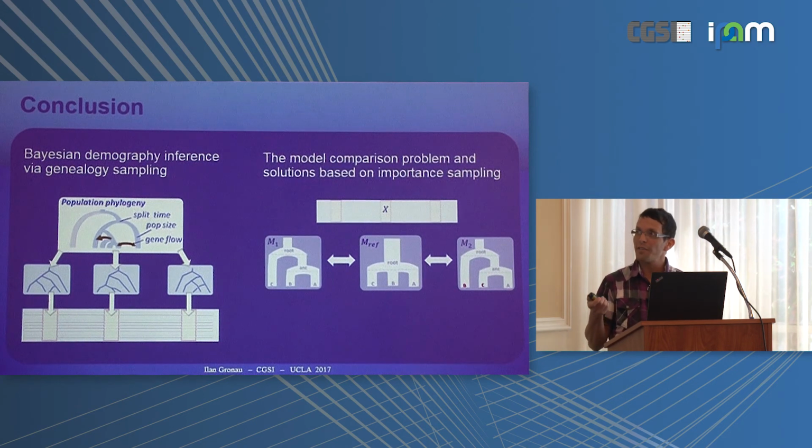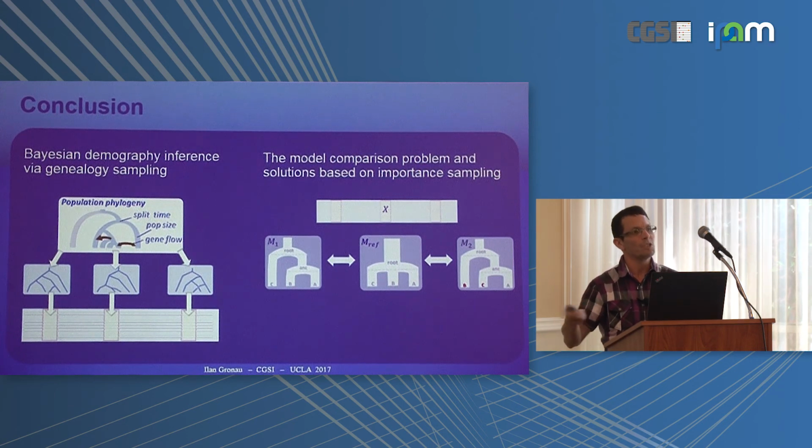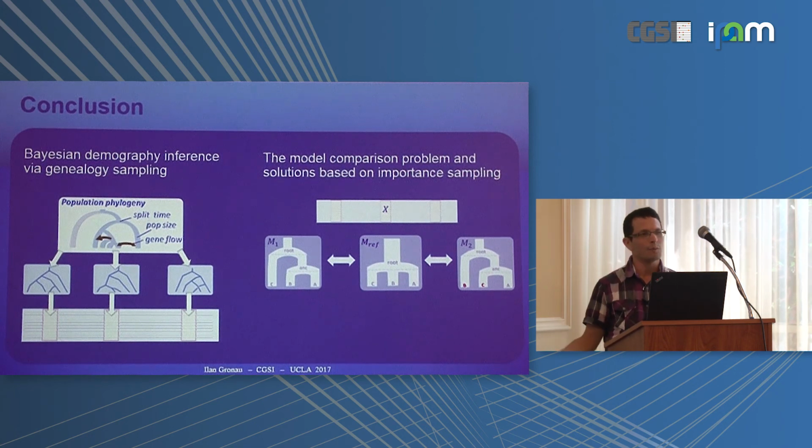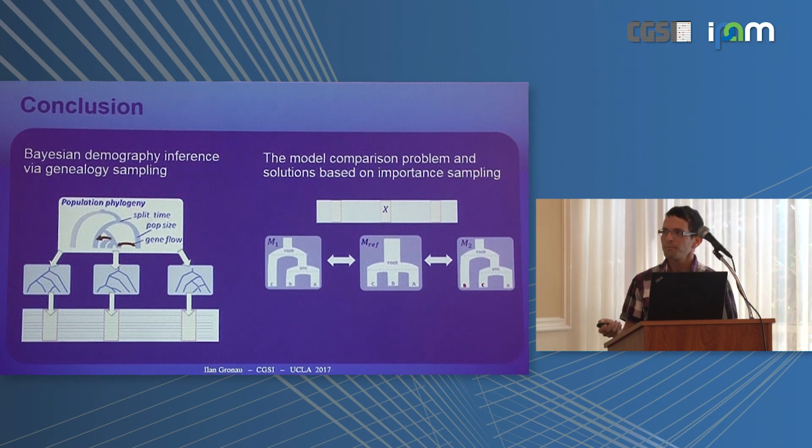And we talked about one of the major deficiencies currently in the field, which is the lack of good methods to score the different assumptions that we make on the model. This is very important because otherwise we say, okay, we assume this, and then we get these divergence times and sizes and migration rates, but the assumptions are usually very fuzzy.